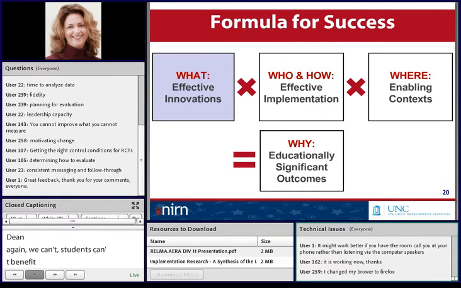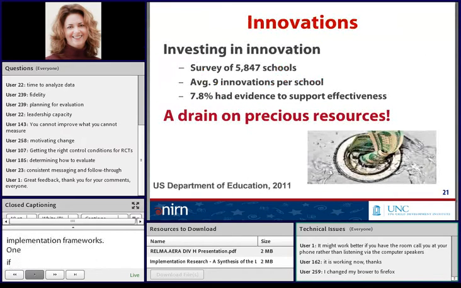So I want to set the context a little bit more, give you a little bit more rationale on each of these variables and why they're important to look at, and then we'll talk about, so what does work? What are those active implementation frameworks? One, if we look at effective innovations, for example, this is based on a publication by the U.S. Department of Ed that came out in 2011. When we look at the investments that have been made in evidence-based innovations, they surveyed over 5,000 schools.